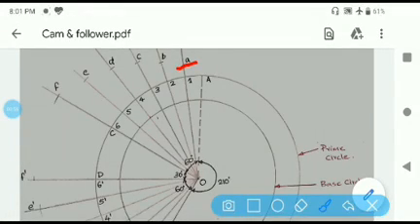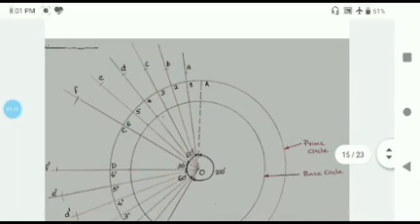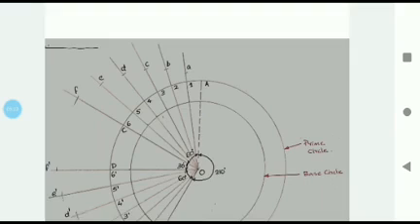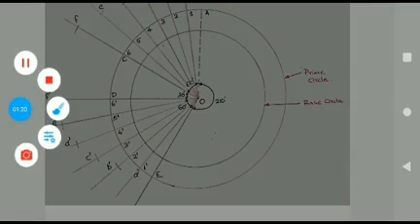So that will be A. This thing we have already done, so I am not repeating it. Similarly, you go back to the displacement diagram, you measure 2b in your compass, and then come here, and with 2 as center, you make an arc on this line, that will be B. So similarly, you complete the whole thing, that is, you take the measurements for the outward stroke as well as for the return stroke, both.